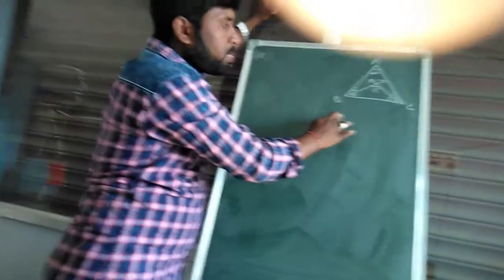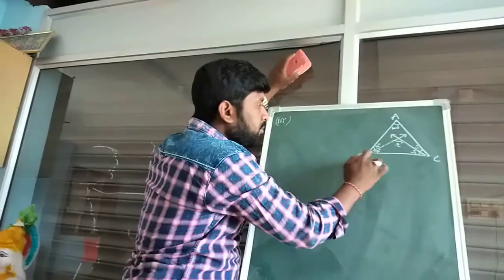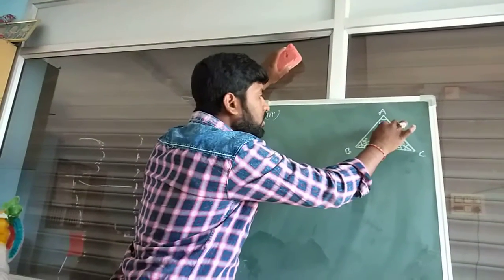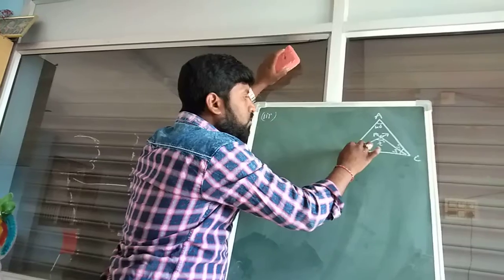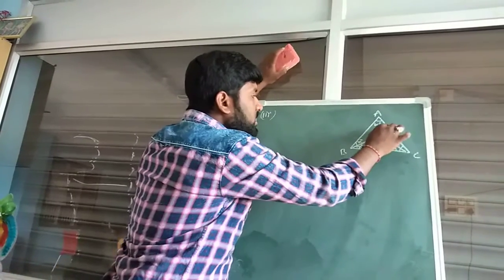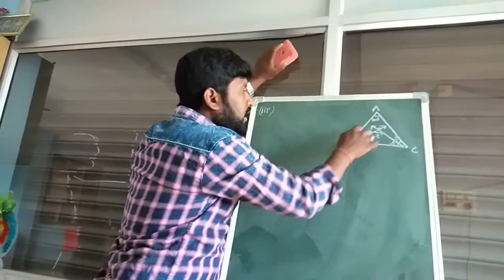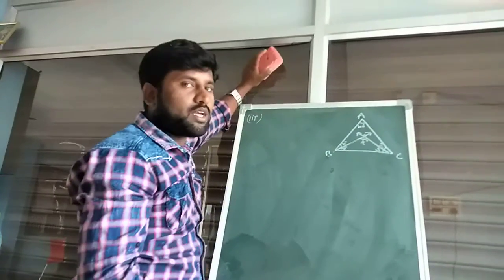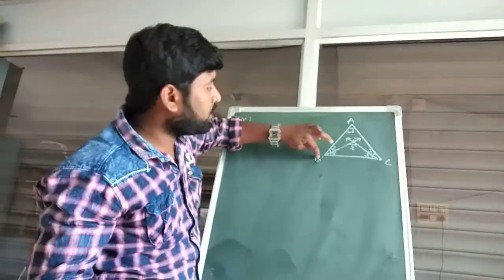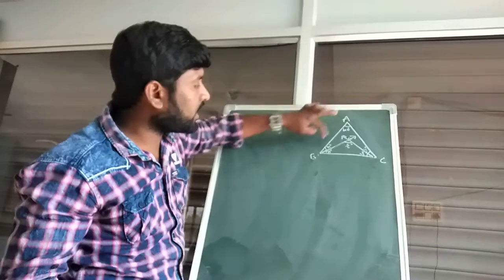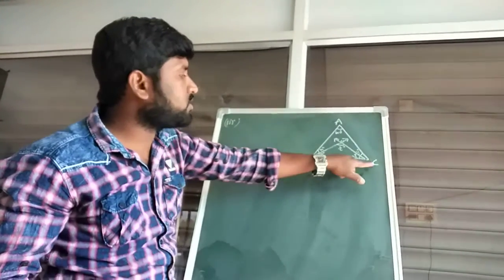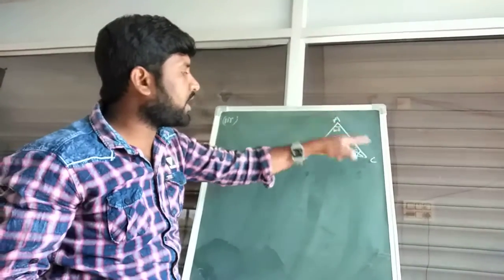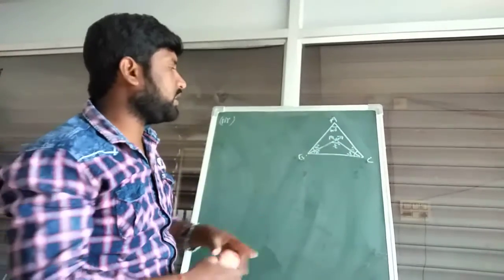Okay students, now see the third question. By observing the figure, in triangle ABC we know BO is the bisector of angle ABC and CO is the bisector of angle ACB.